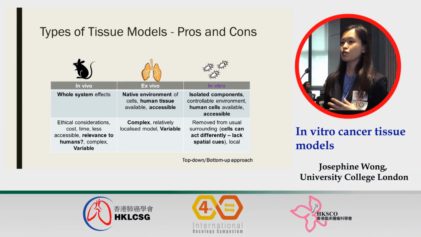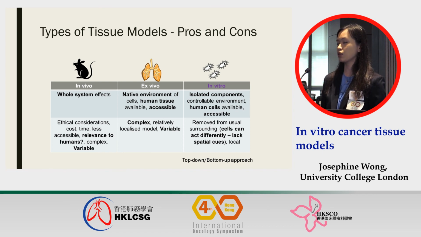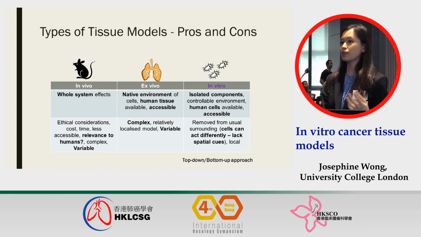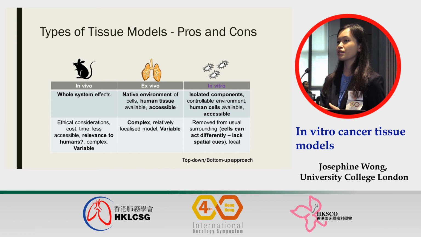The second approach is to build from the bottom up, which takes the natural building blocks, for example, proteins and chemical cues such as growth factors, and introduces them one by one into the model so that you could study which of these components affects the cell behavior that you're looking for.